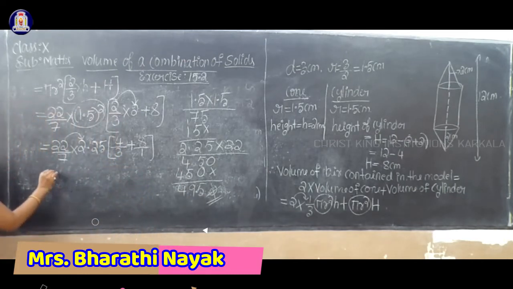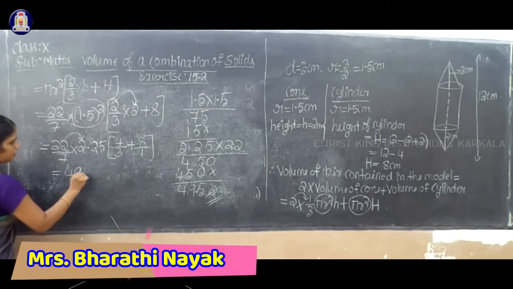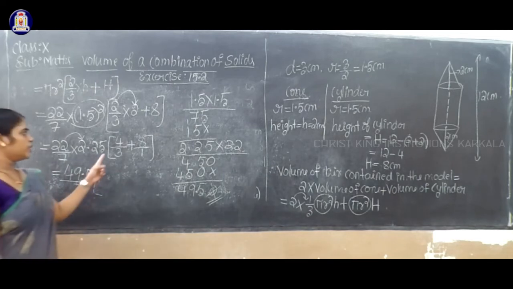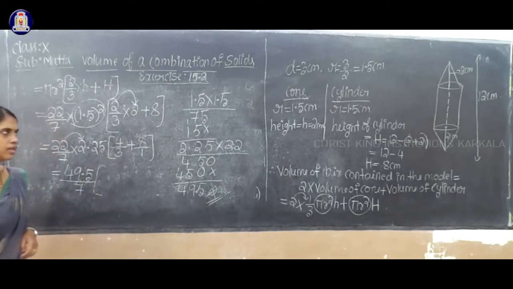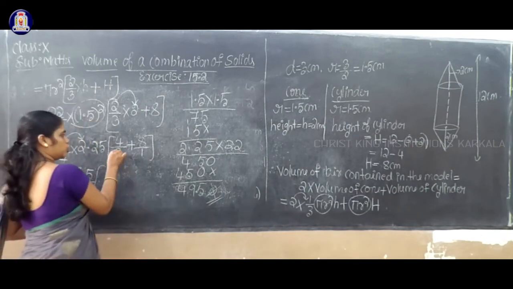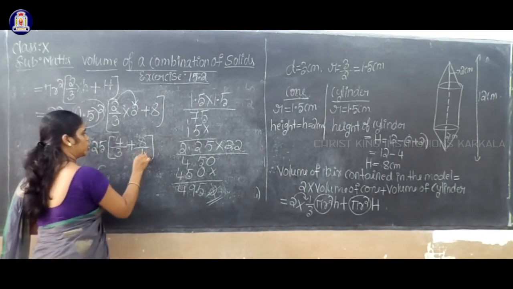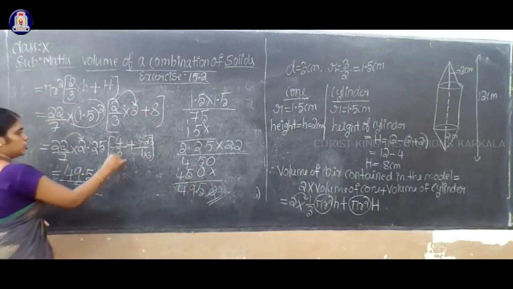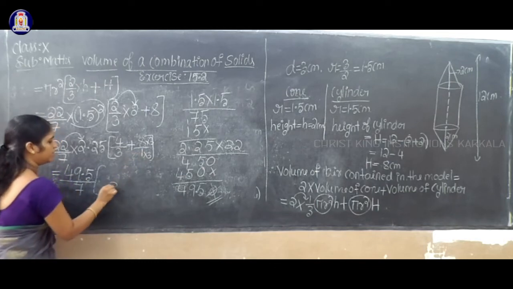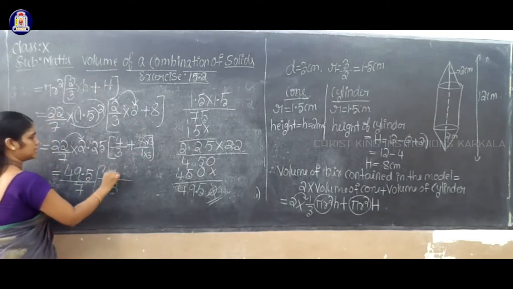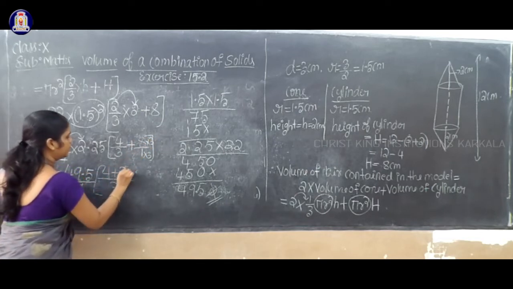Okay, so this is equal to 49.5 by 7. Okay, now take the LCM. What is the LCM of 3 and 1? The LCM of 3 and 1 is nothing but 3 itself. So 3 here already you have, but here not there. So therefore multiply and divide by 3. Okay, so 3 and 1 into 3, denominator same. What about the numerator? 4 plus 8 3s are 24.